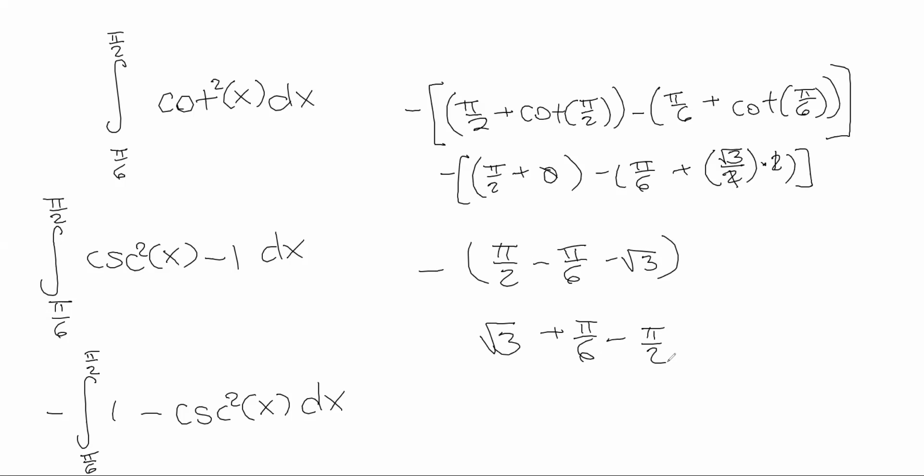From here, we could find a common denominator and make it just one term, but that's not really the focus of this class. We're going to leave it the way it is and focus strictly on the calculus part of class. So this is what we would register as our final answer. And there is no plus c, of course, because this is a definite integral. We have limits of integration, so there is no constant at the end.